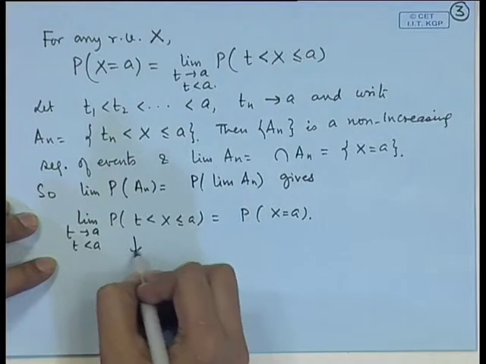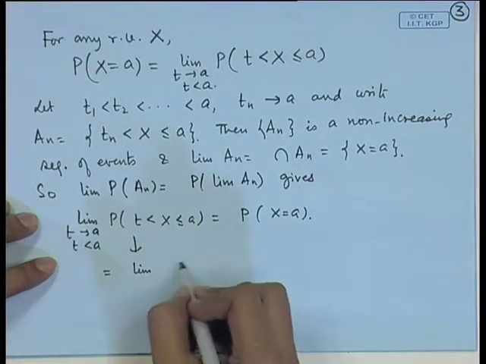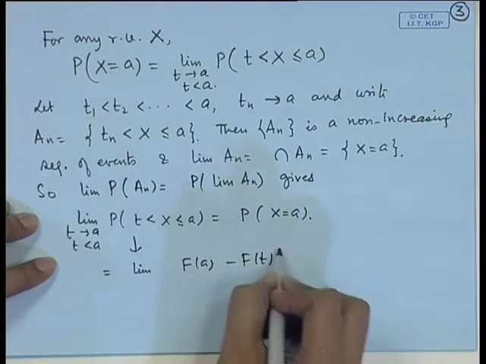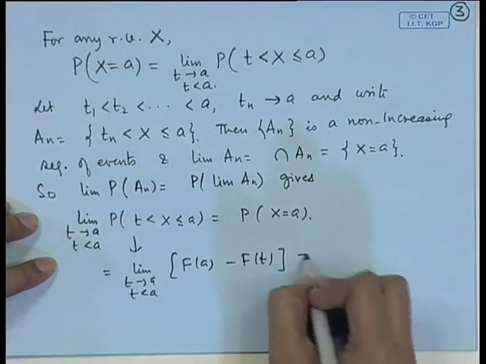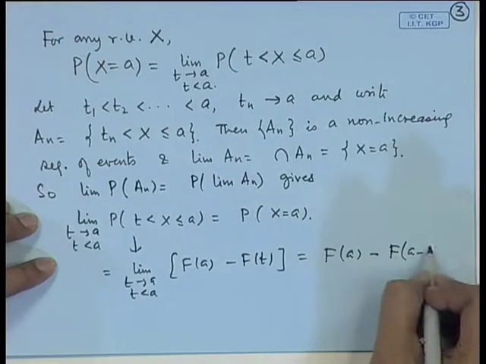Now, this is actually equal to the limit of F(a) minus F(t), where t tends to a and t is less than a, which is exactly equal to F(a) minus the left hand limit at a.